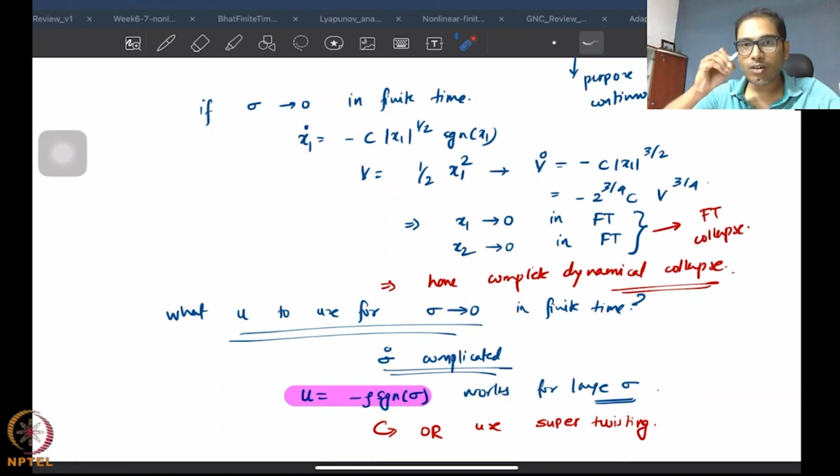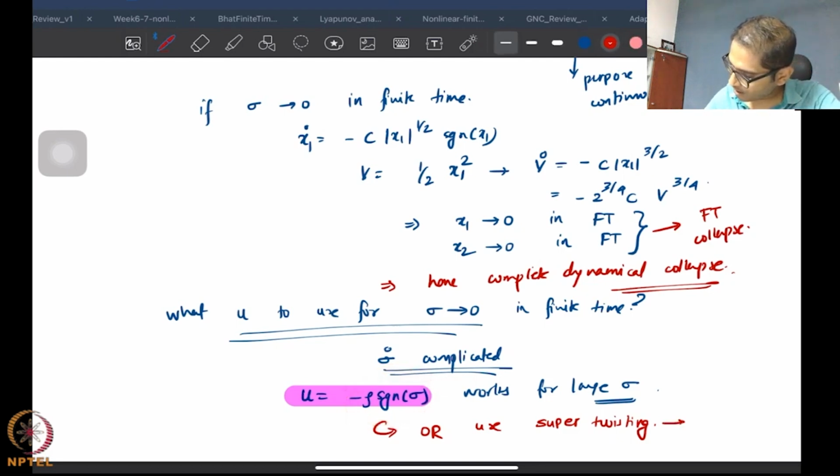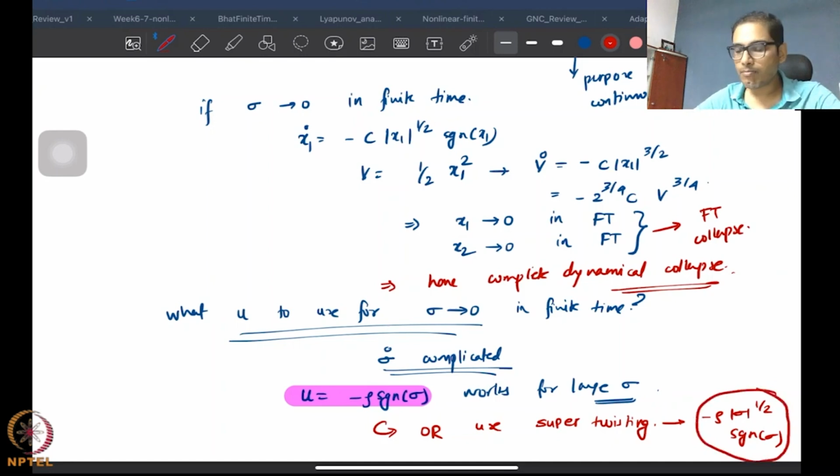It is still going to move around it, and if it moves across it, the control is going to jump, and therefore there's going to be high frequency chatter. On the other hand, the super twisting control is not going to be rho signum sigma, it is going to be something like minus rho sigma to the power half signum sigma. You are going to have a much smoother performance, and that's what you're looking for.